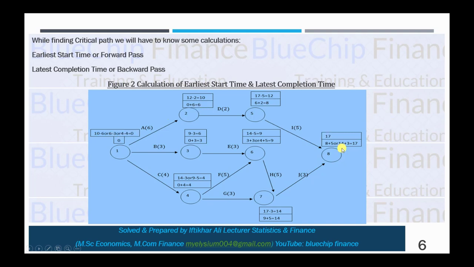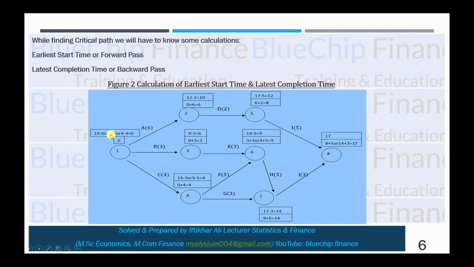After that, now come to this point. So 17 minus 3 equals 14, and 14 minus 5 equals 9, and 9 minus 3 equals 6, and 6 minus 3.